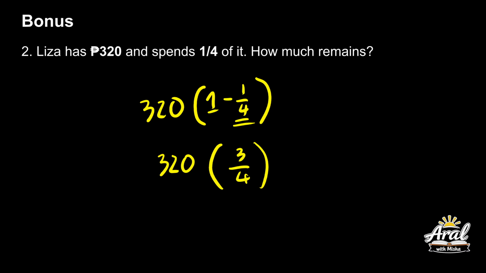Kasi, ang 1/1 is pwede rin tong 4/4. Okay? Same sila ng denominator, kaya pwede 4 minus 1 is 3. Copy the denominator, 4, 3/4. So, divide by 4. 320 divided by 4 is actually 80. So, 80 times 3, 240. So, this is what remains. Okay?